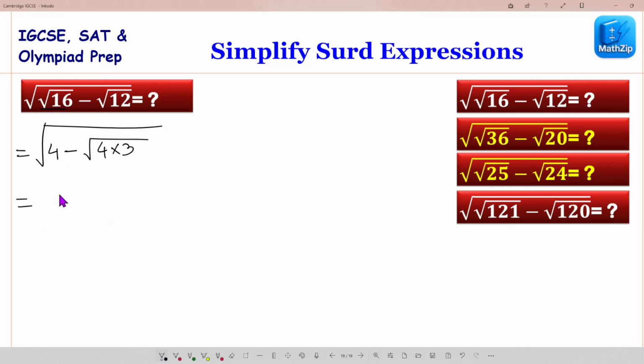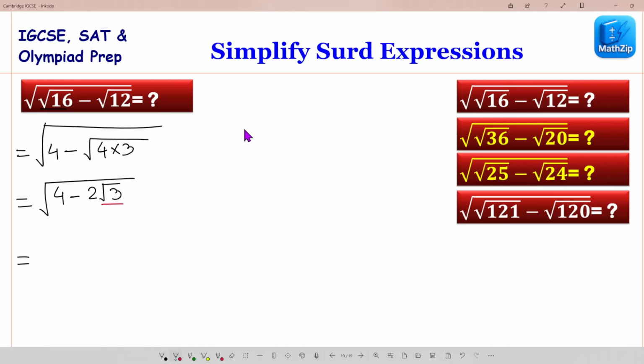So here is 4 minus root 4, it means 2, and here is root 3 under root. Once we face this kind of problem, we have to follow this.